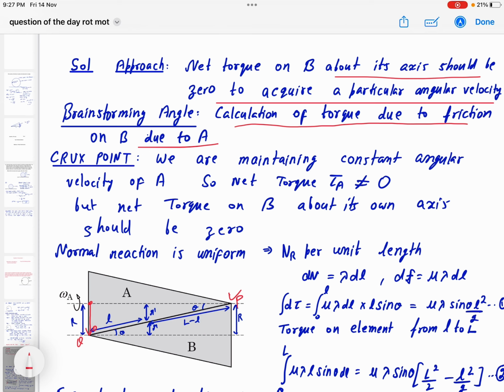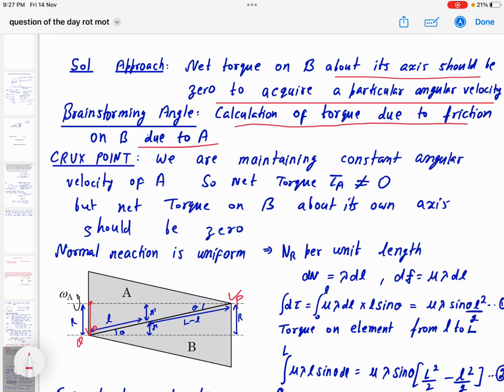Now do this comparison for points near point P. Near point P, for a point on the surface of cone B, the velocity up the plane is much greater than the velocity up the plane of the surface of cone A. So at these points near P, the frictional force acting on B should be into the plane.